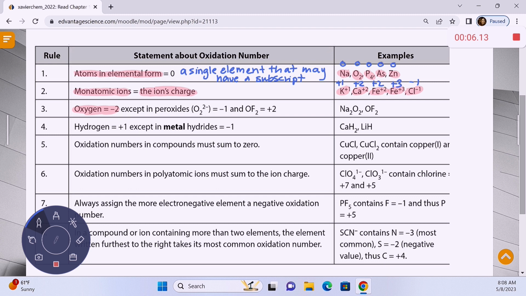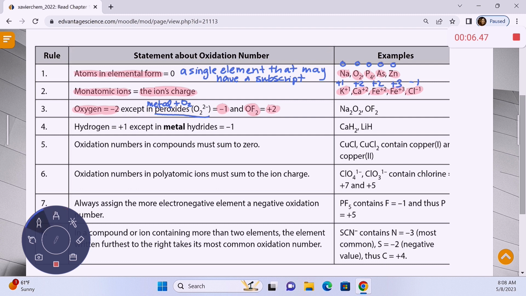So this right here would have to have a metal in front of it with an O2 after it in the formula. Then you would be suspicious that it's peroxide. Okay, and I'll show you that in an example. But peroxides have an oxidation number of -1. Okay, so that's different than if it's just oxygen at its usual -2. Also, if you have the formula OF2, then oxygen is a +2.